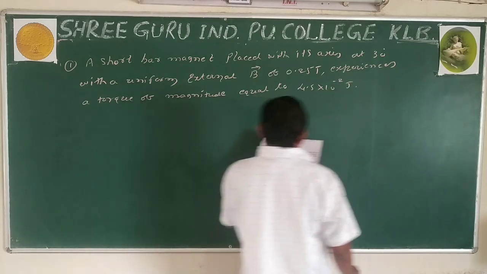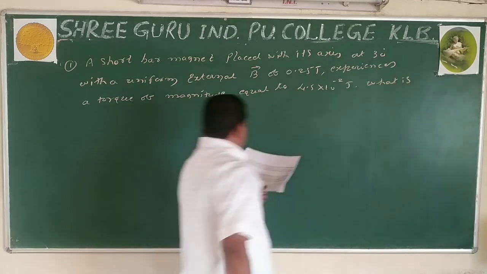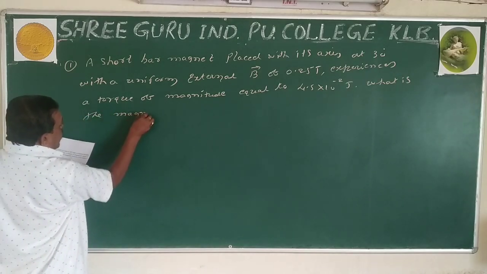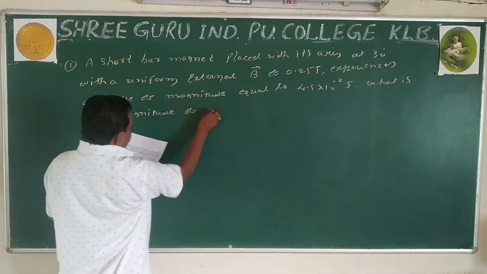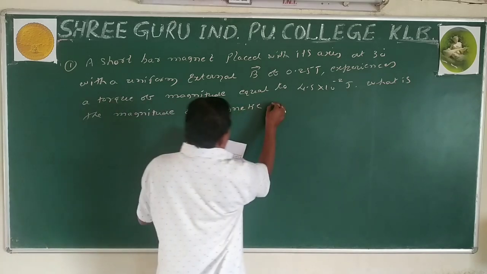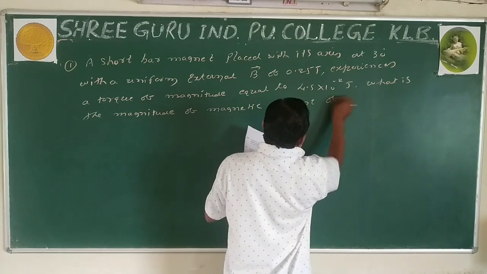What is the magnitude of the magnetic moment of the magnet?